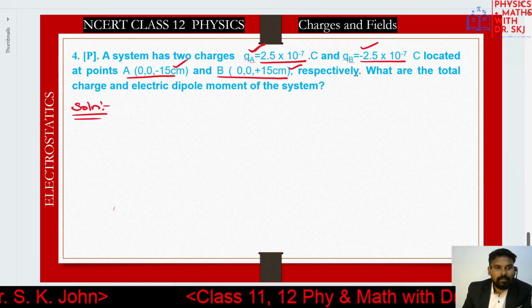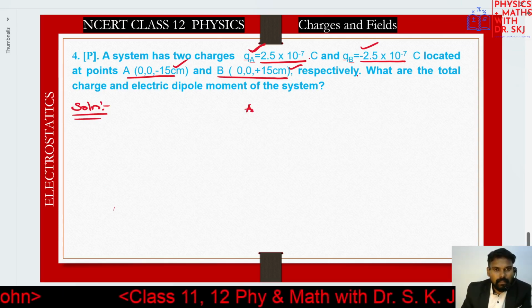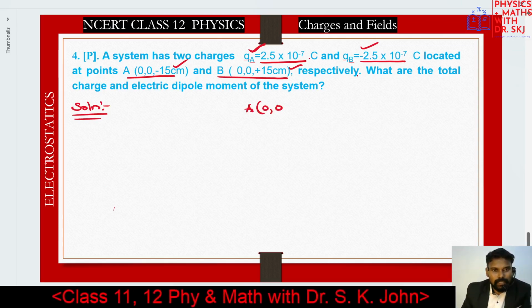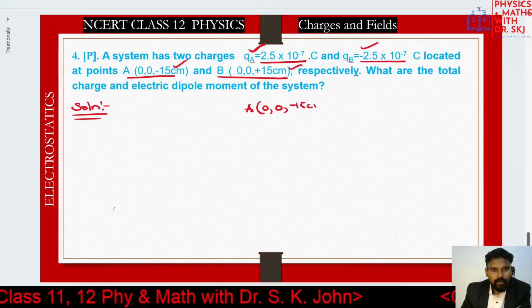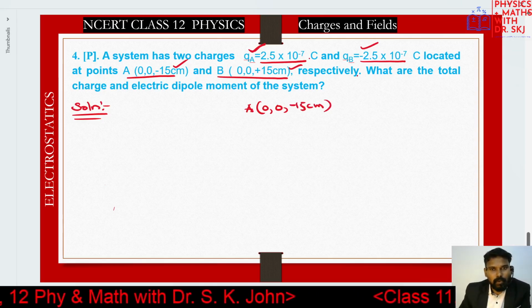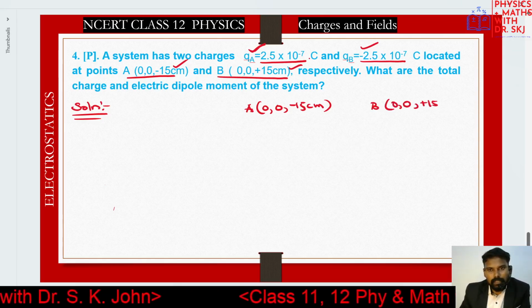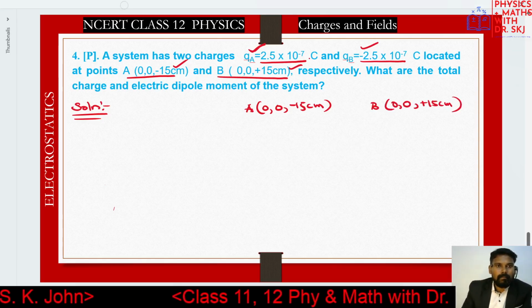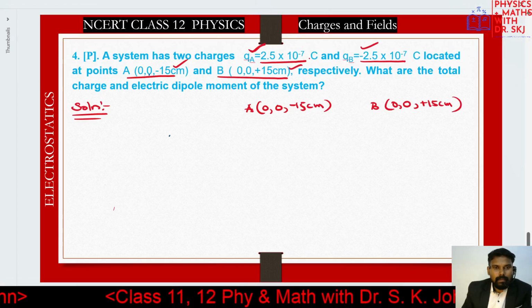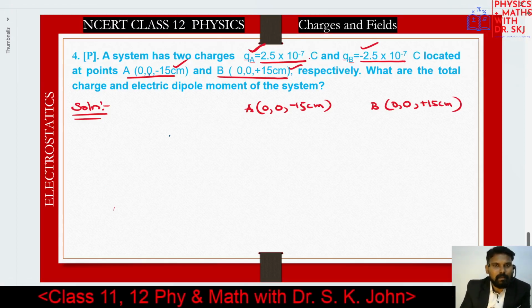Notice the 2 points. A is this point and B is the point 0 0 plus 15 centimeter. This is a three-dimensional representation.